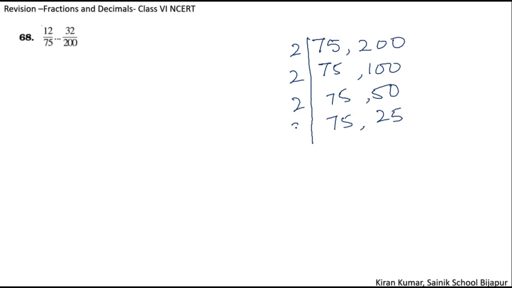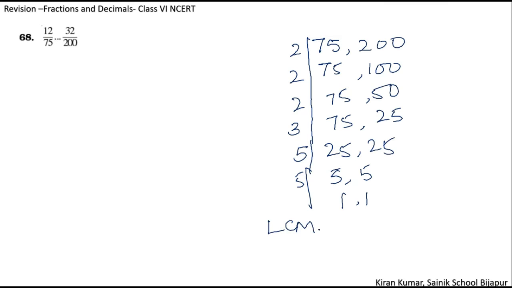Now it is divisible by 3. 3 25 times. Further it is divisible by 5. 5 1 1. So the LCM here is 2 cube into 3 into 5 square. 5 square is 25. 2 cube is 8. 8 3s are 24. 24 into 25 is 600. So the LCM is 600.